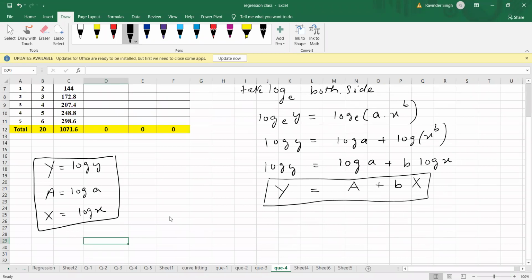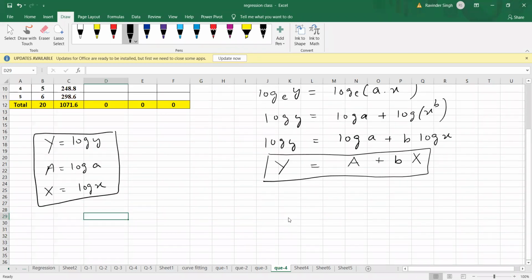Now we have to write the normal equation of this straight line. You know how to write the normal equation. We have to look at the coefficient of the two unknowns. In this, we have two unknowns, capital A and small b. So first you multiply with 1 both sides. This will be summation of capital Y is equal to n times capital A plus b times summation of capital X. This is one normal equation.